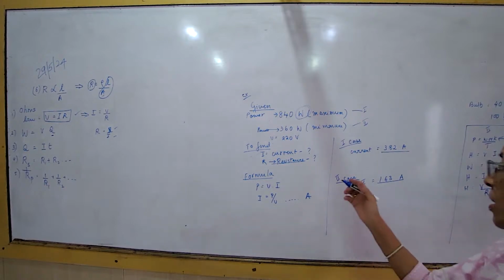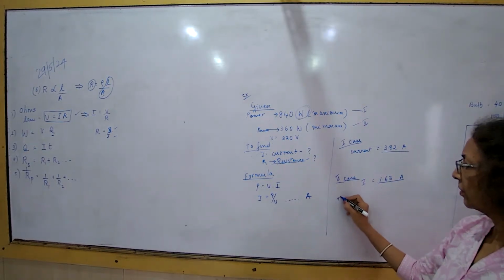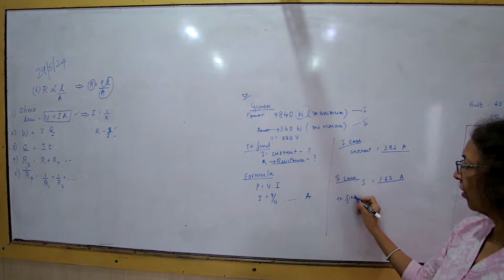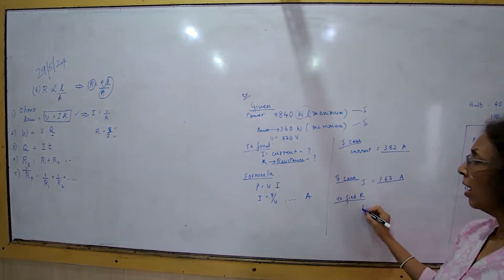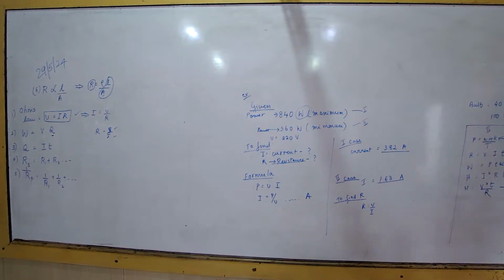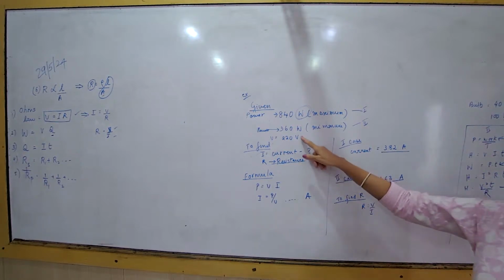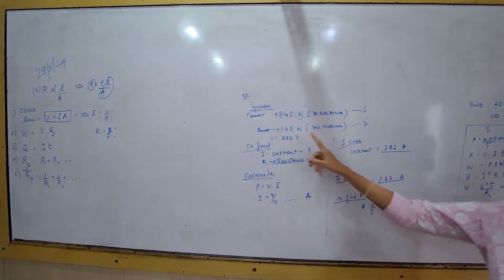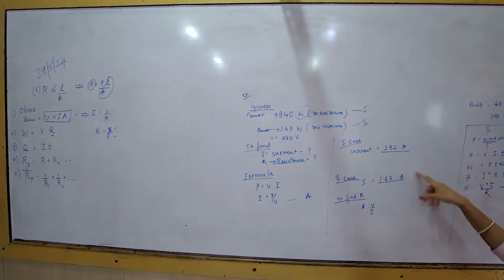So for resistance now, R is equal to V upon I. V is already known to us, which is equal to 220. I is known to us in both the cases, we have found out. Therefore, you're going to calculate.